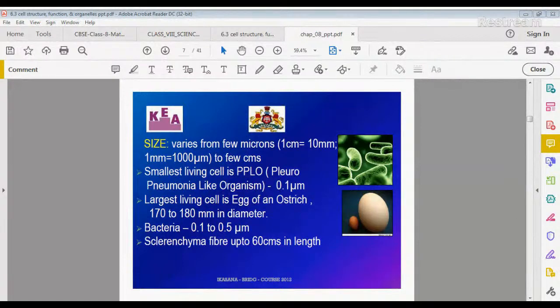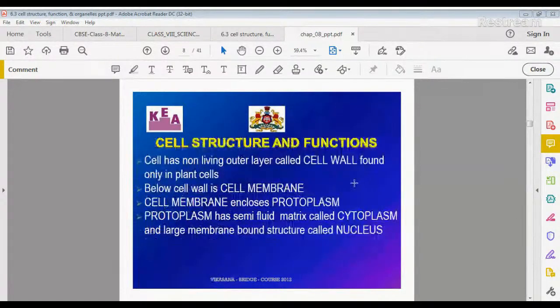Now we will do cell structures and functions. Now you see, the cell has a non-living outer layer called the cell wall, which is found only in plant cells, and just below the cell wall is the cell membrane.